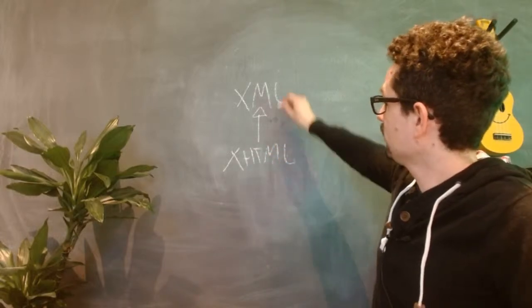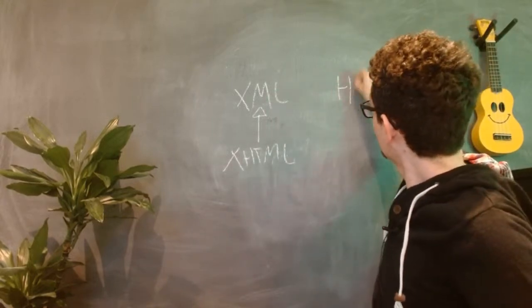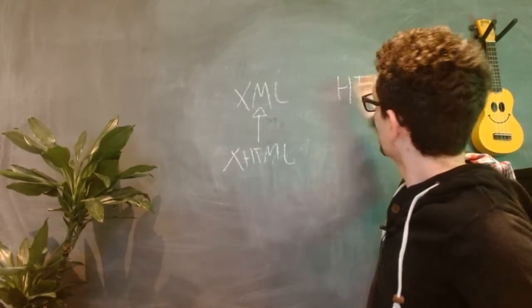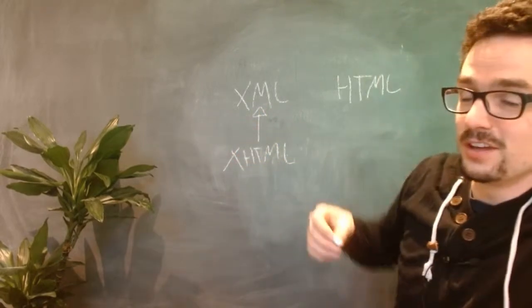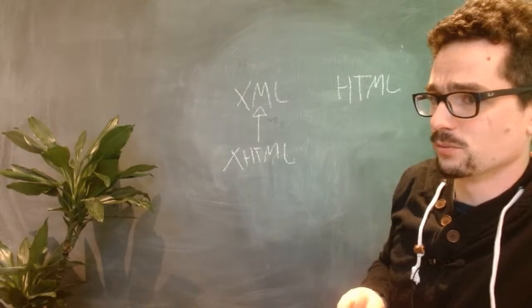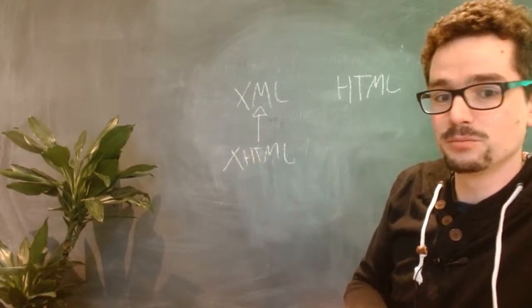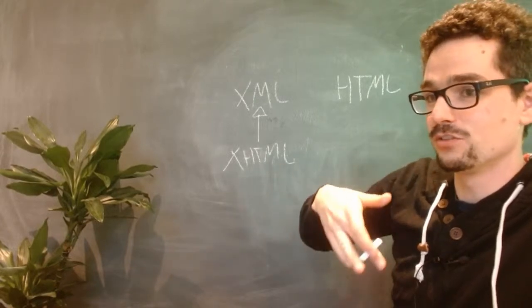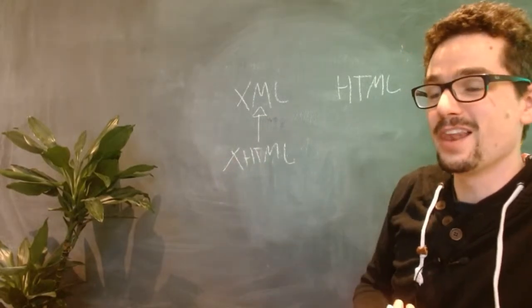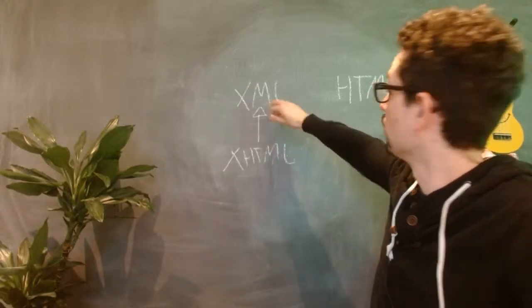So XHTML is a well-formed XML document. HTML is not necessarily a valid and well-formed XML document. I have to be careful with the word valid and well-formed. Well-formed means, we come to this later, that it follows the rules that the language has. So every element that opens is closed.